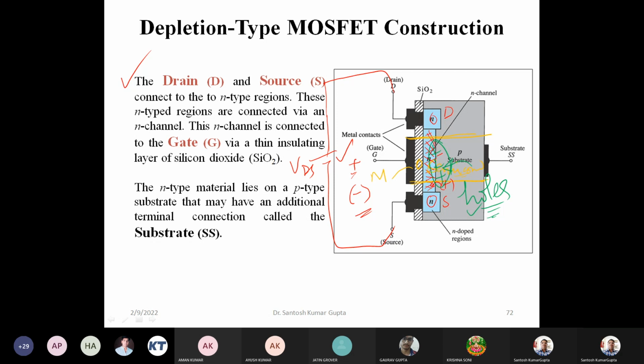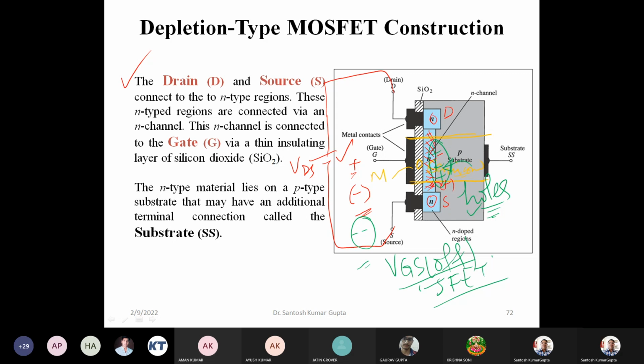If we keep on increasing this negative potential more and more, then the channel will become weaker and weaker, and there may exist some negative gate voltage for which the channel may vanish. That may be called the threshold voltage of this depletion type MOSFET. It is something like VGS off of the junction field effect transistor, the JFET.